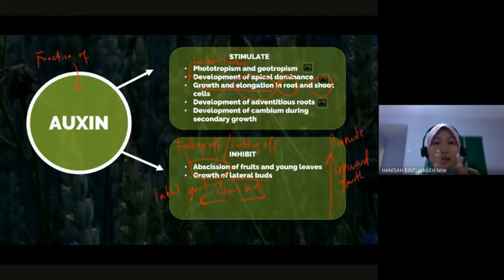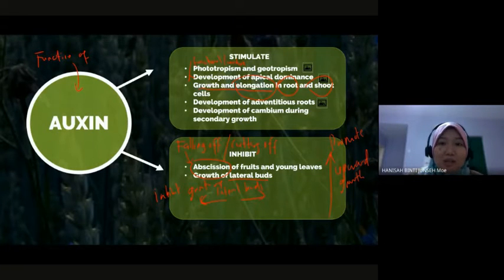It doesn't happen simultaneously, meaning auxin doesn't promote both the upward growth and the side by side growth. No, auxin just controls the upward growth, the apical dominance development. But it doesn't stimulate the side by side growth, which means the lateral buds growth.